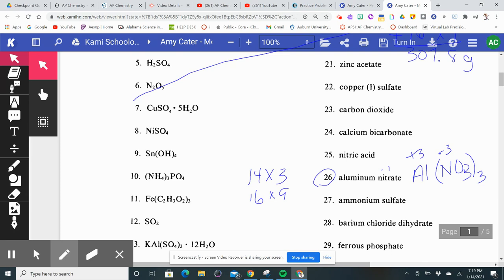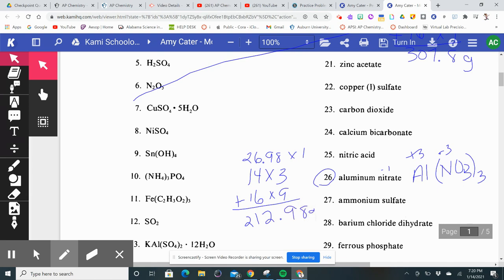I'm going to look up the mass of aluminum on the periodic table, and that is 26.98. And I have 1 of those. So 26.98 times 1. And then I'm just going to add all of those up together. So 26.98 plus 14 times 3 plus 16 times 9 gives me 112.98.